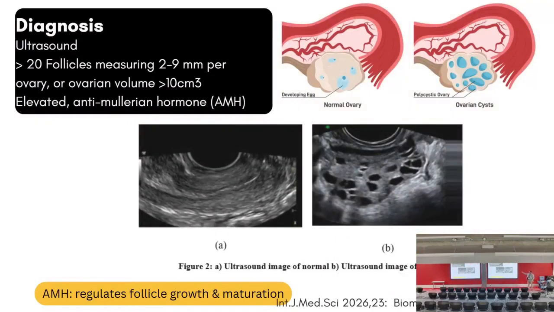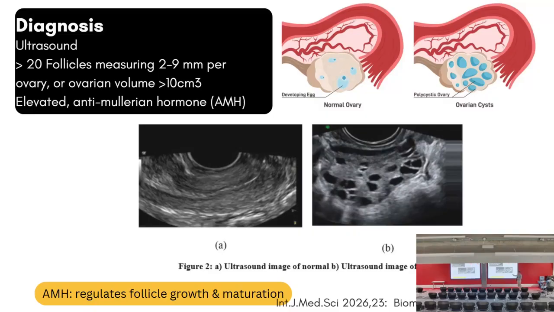In terms of diagnosis, this is what we're looking at here. So again, if we're using ultrasound, and you can see the image here, we've got the normal ovary here in the cartoon diagram. And then you can see a polycystic ovary here. It's got much more of these follicles, many more of them, and they're larger in scale.